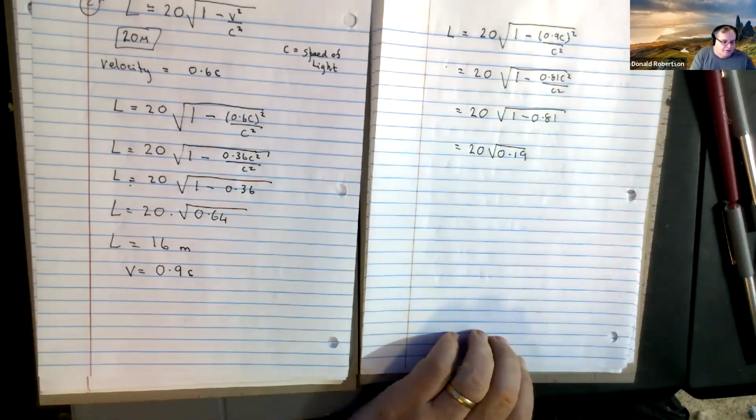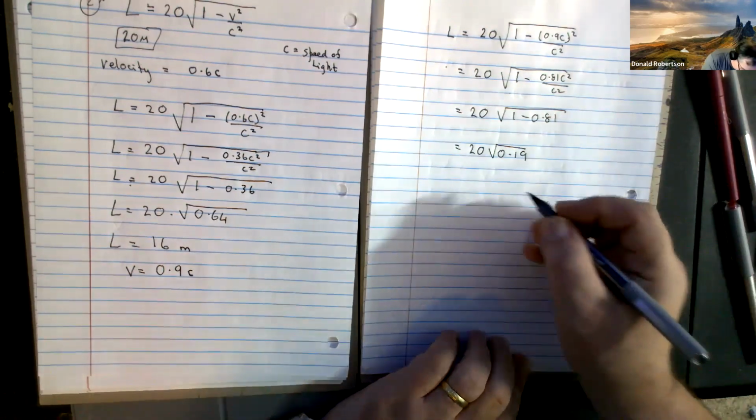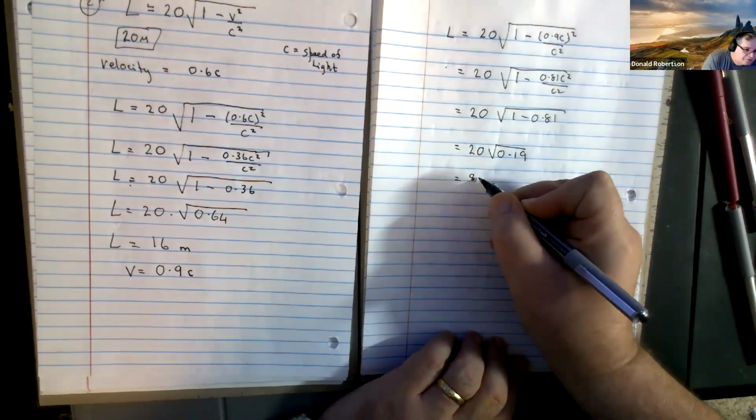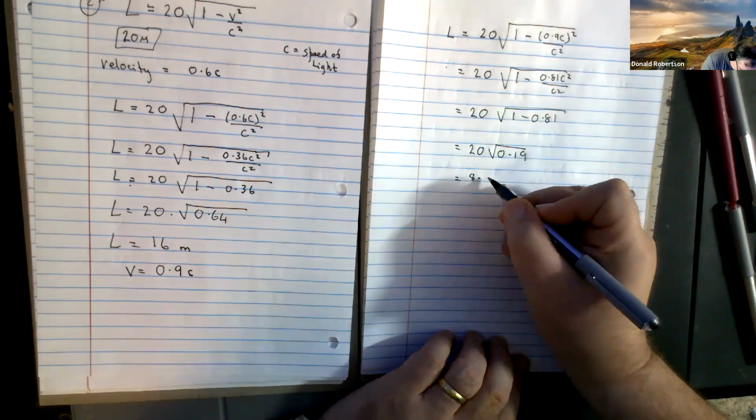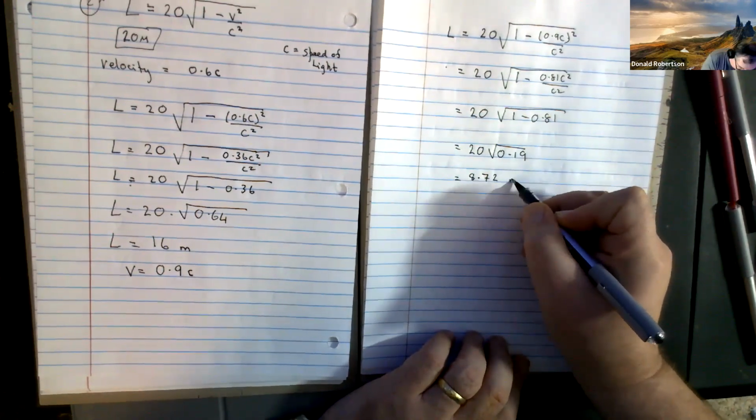I will do that and just tell you what I get: 20 times the square root of 0.19. I'm now down to roughly 8. What do they want, 2 decimal places? So 8.72 meters.